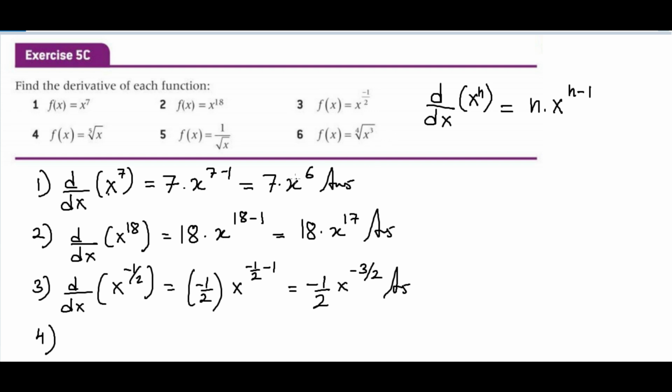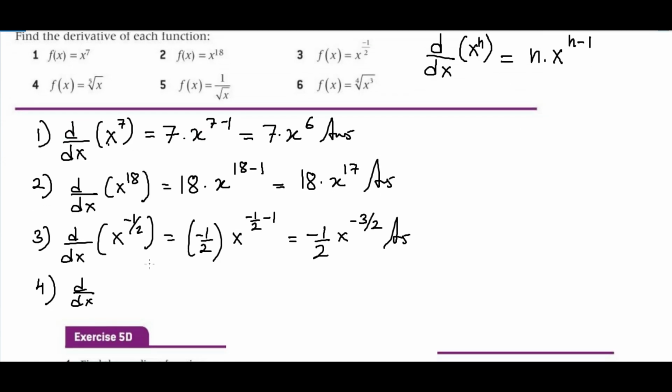Question number 4. dy by dx of, let me slide it a little down. We have another exercise also down. Fifth root of x. So you must know that if the nth root of x is there, then it means x to the power 1 by n. Apply the same funda here.